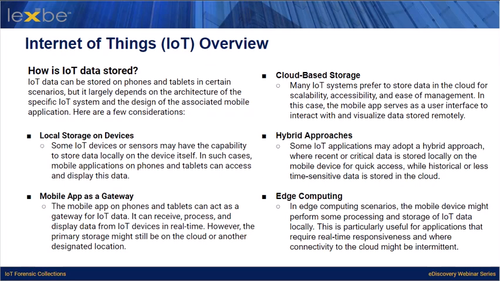Some IoT devices or sensors may have the capability to store data locally on the device itself, meaning your smartphone or even a computer. In such cases, mobile applications on the phone and tablet can be accessed and display this data. So this would be similar to your Ring camera that you have, or any type of smart doorbell.